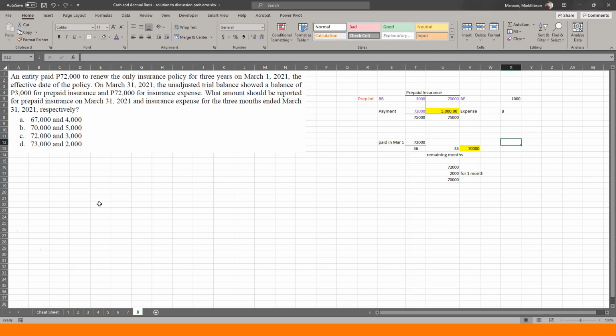My tip here, class, in cash and accrual basis, is that you have to know the normal side of the account. If you think that you're not confident enough, you should know this by heart at this stage. But if you're still not confident, what I suggest is to look for a trial balance.